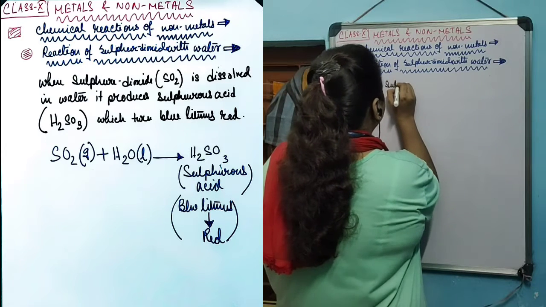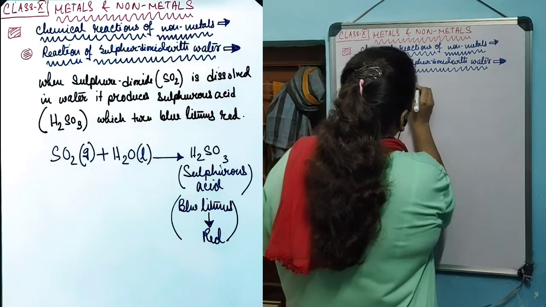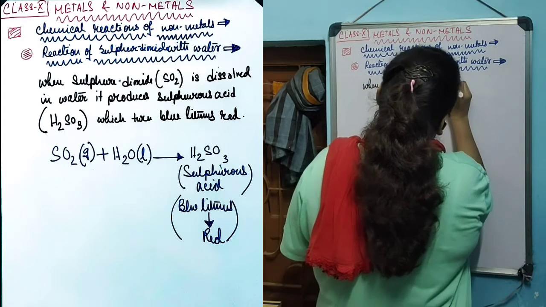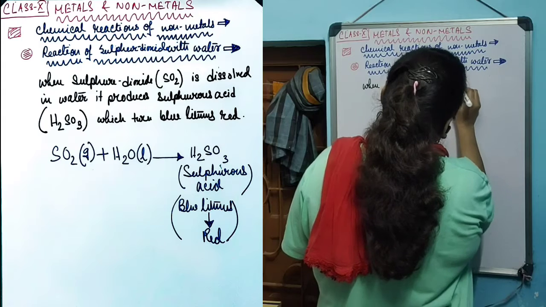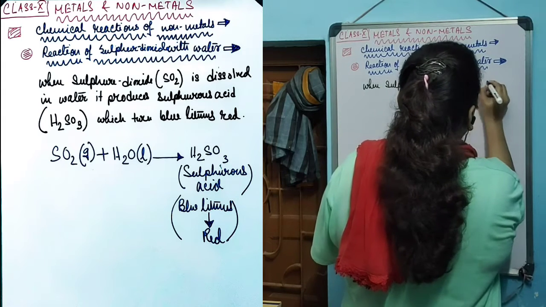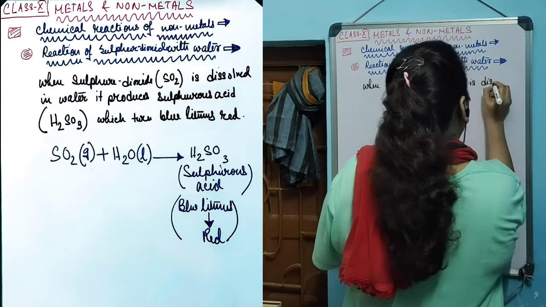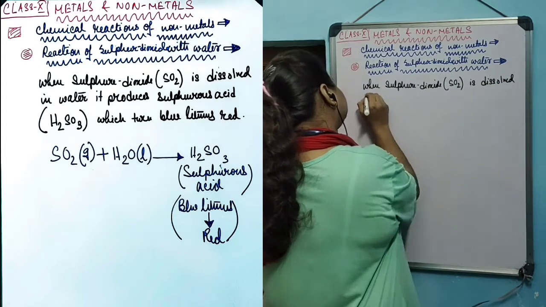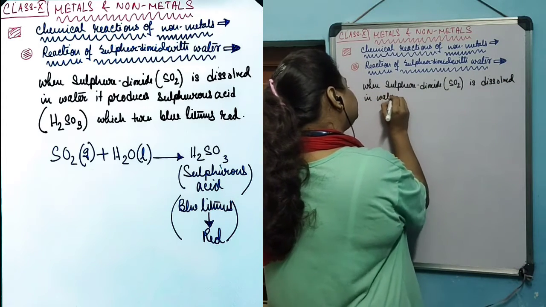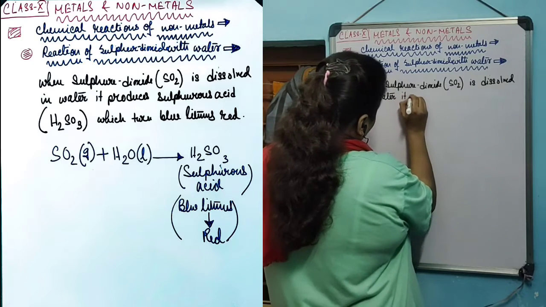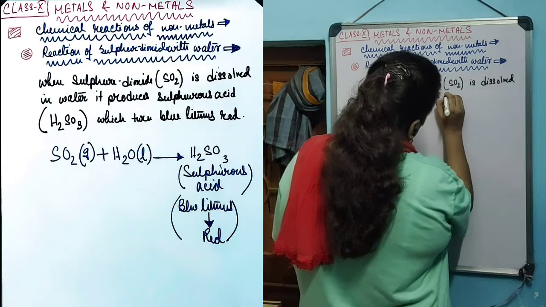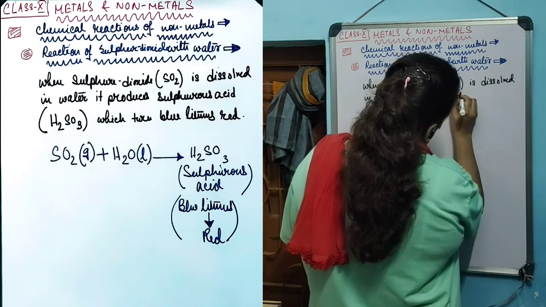When sulfur dioxide, the chemical formula of which is SO2, is dissolved in water, it produces sulfurous acid.